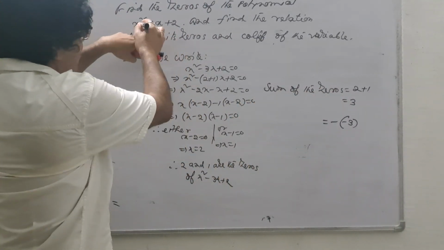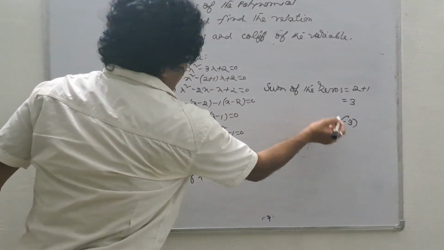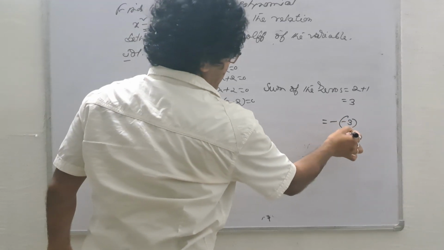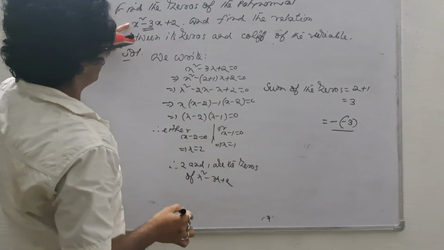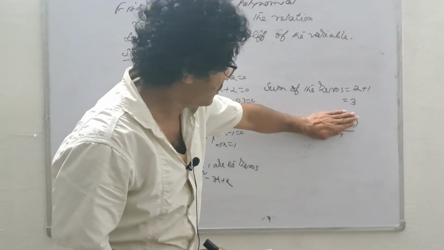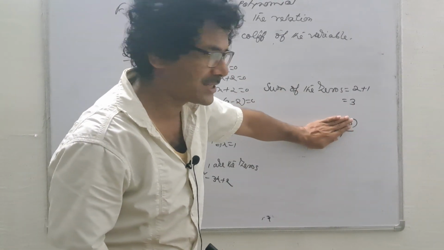Just remember the formula: the sum of the zeros is equal to minus coefficient of x divided by coefficient of x squared. So ultimately from this we are getting this.